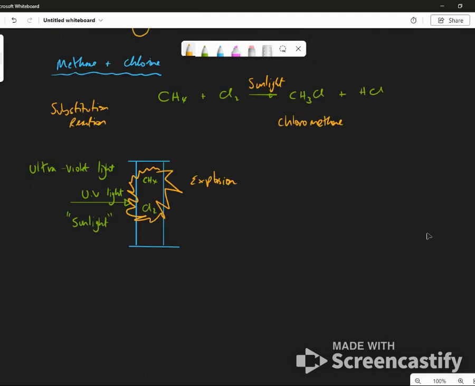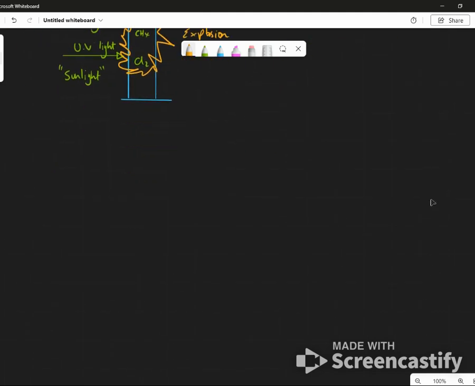Excellent. All right. So now we're going to do what we call the mechanism. This is the free radical substitution mechanism. This is what's going on. Now, the first thing that happens is a chlorine molecule gets zapped with ultraviolet light and it splits up homolytically.